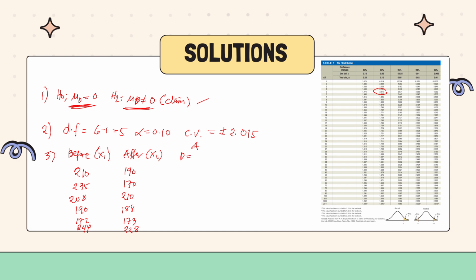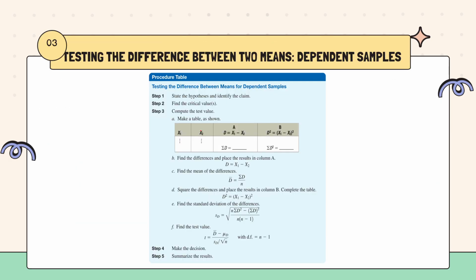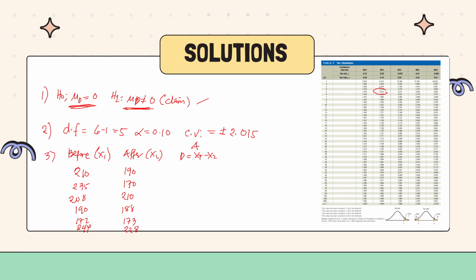Next we have to find the difference, D, from x sub 1 minus x sub 2. So 210 minus 190 is equal to 20.